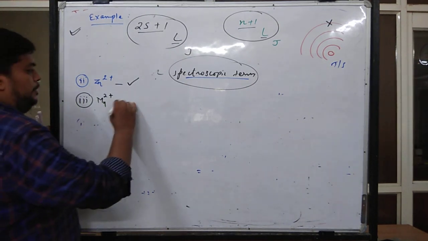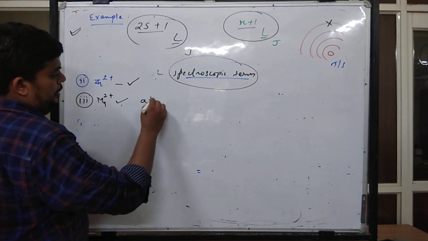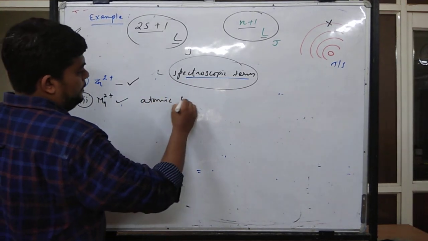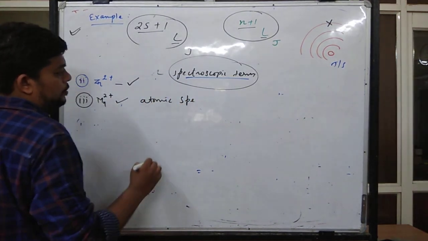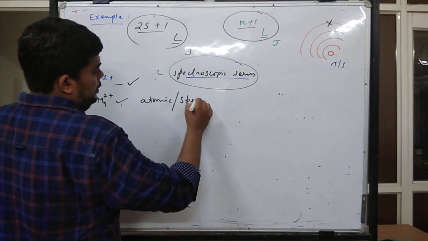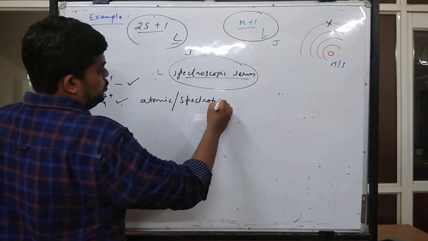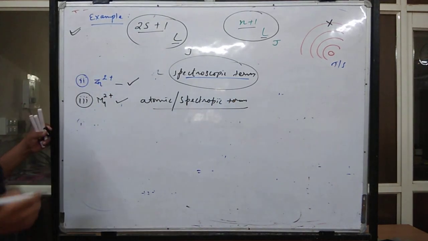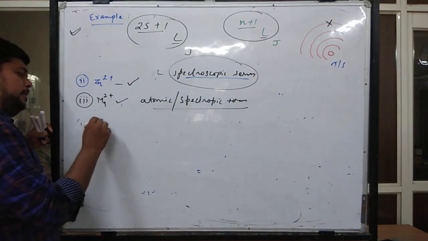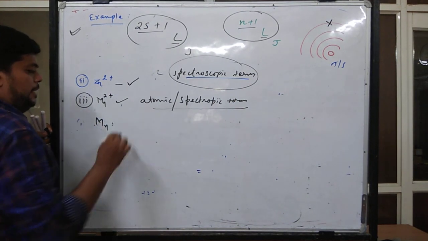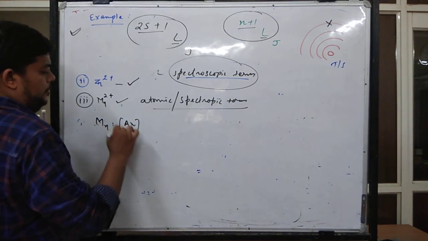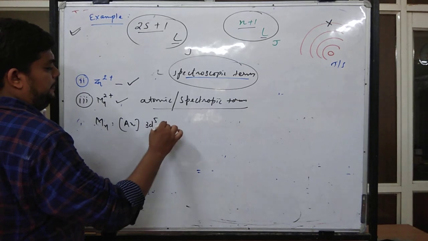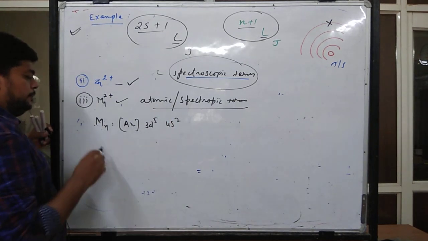See, when I want to find out the atomic or spectroscopic term for Mn2+, I will start with a very basic part, that is manganese, argon 18, 3d5, 4s2.